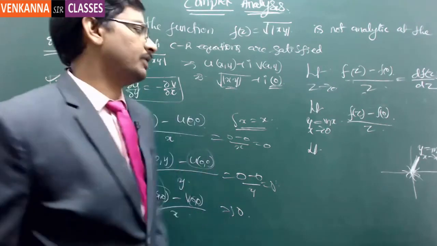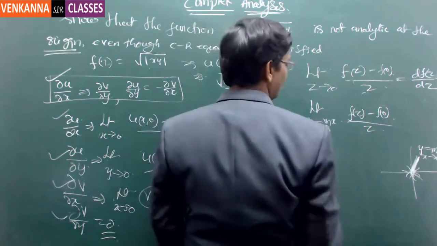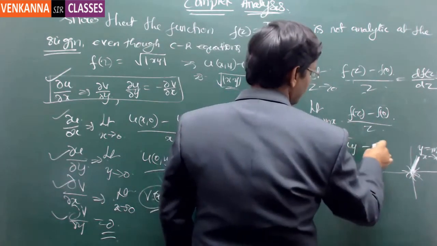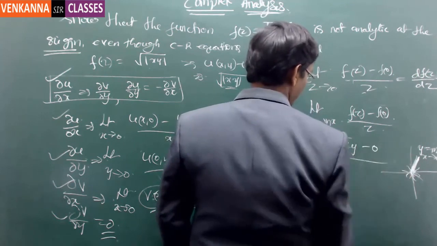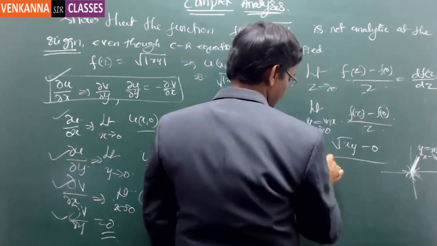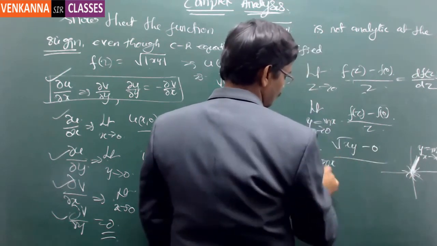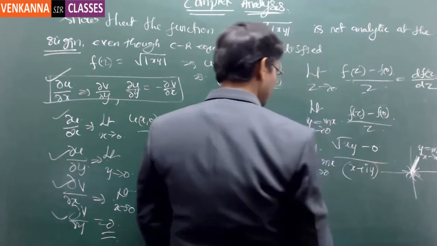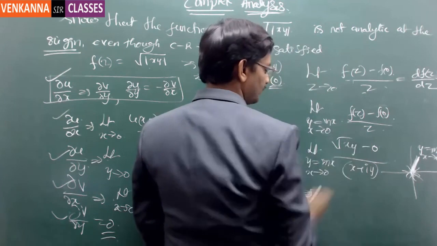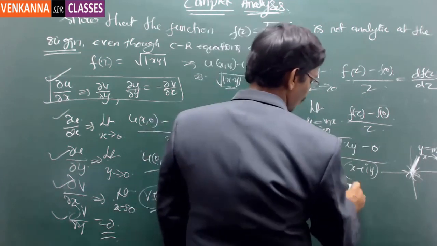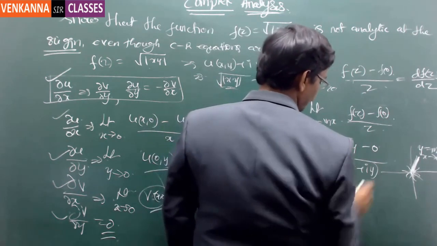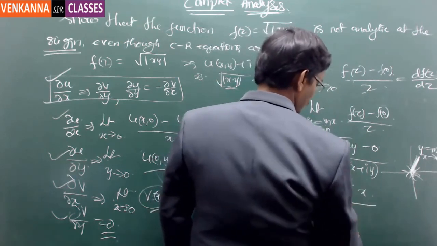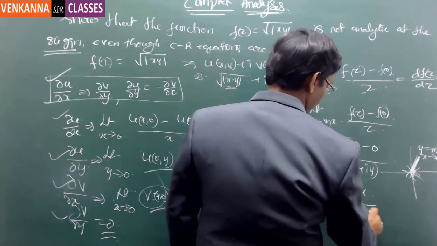Okay. Now if you put this format, f(z) is nothing but the square root of xy, minus f(0) which is 0, divided by z, with y equal to mx and x tends to 0, and z is x plus iy. If you replace y with mx, then this is root m times x divided by x times (1 plus m times i).